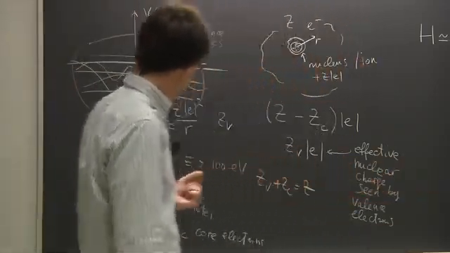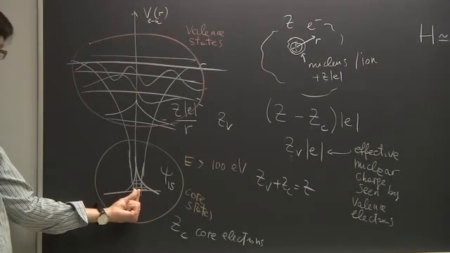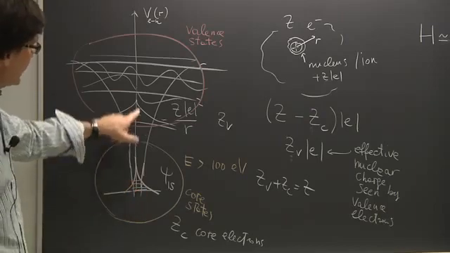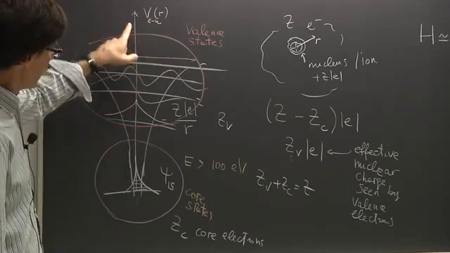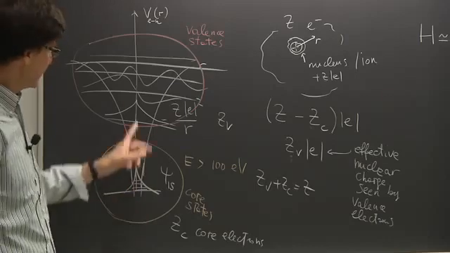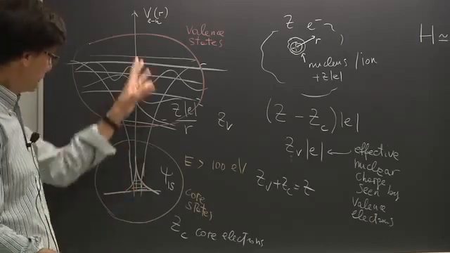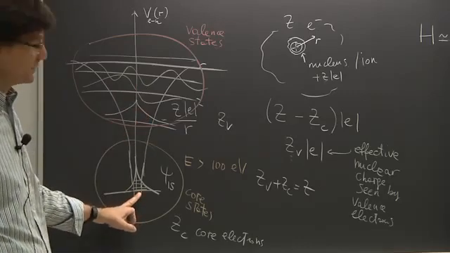However, if I continue assuming that these core states are localized very close to the nucleus, clearly orthogonality will affect only the wave function close to the nucleus, right? Because this is where the wave functions have to do whatever they can to orthogonalize to the core states.